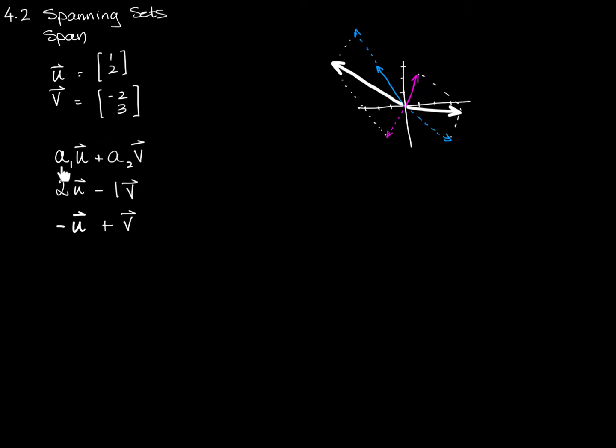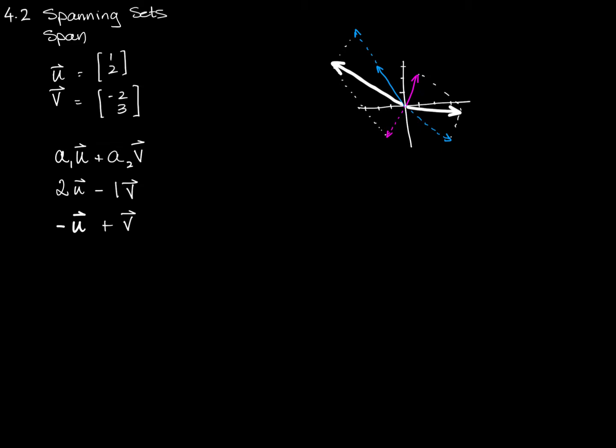I can take 1, 2, 3, 4, 5, 6, 6.1, 6.2, pi. I can take all of those numbers as my scalar for u, and I can take the same numbers in the same or a different order as my scalars for v, and I can add them together as 1u plus 2v and 2u plus 1v and 2u plus 2v and so on and so forth. There are an infinite number of ways that I can combine these.